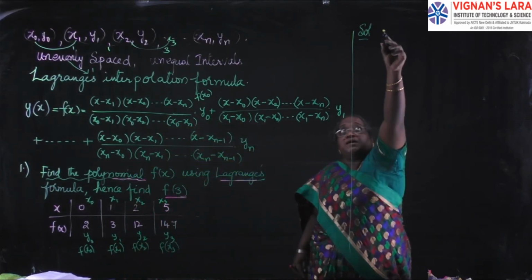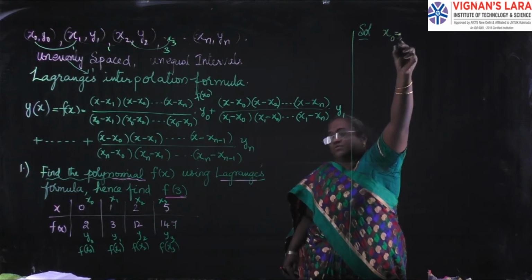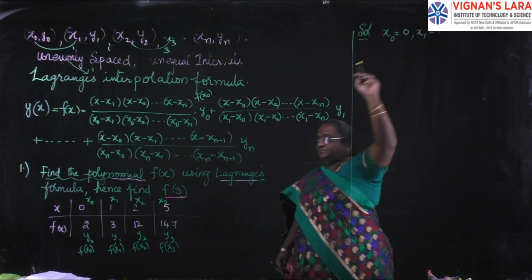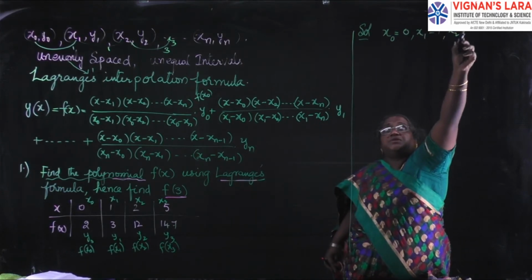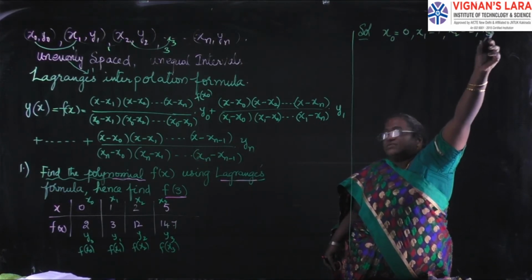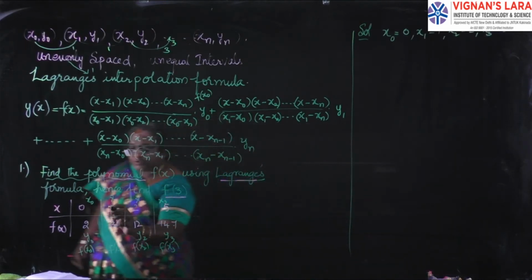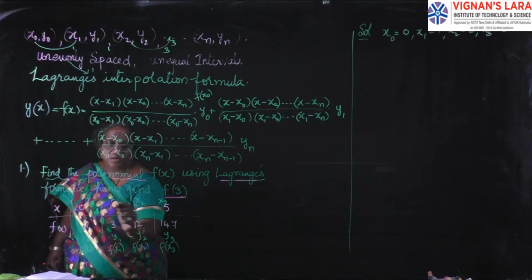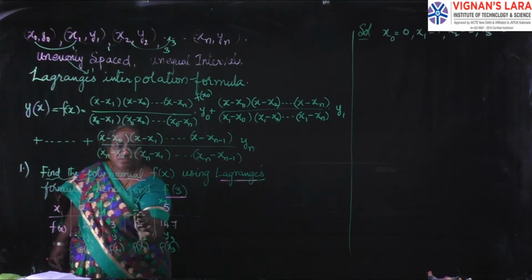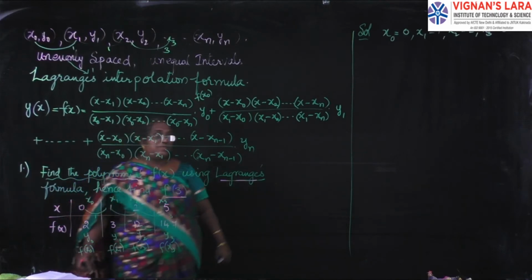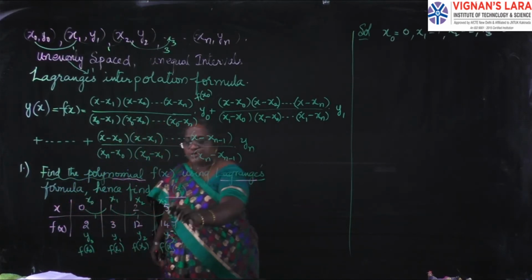You have to write: given x0 is equal to 0, x1 is equal to 1, x2 is equal to 2, x3 is equal to 5. Now see how they are spaced here. The difference between 1 and 0 is 1. The difference between 2 and 1 is 1. But the difference between 5 and 2 is 3. If they were equally spaced, here you should have 3.